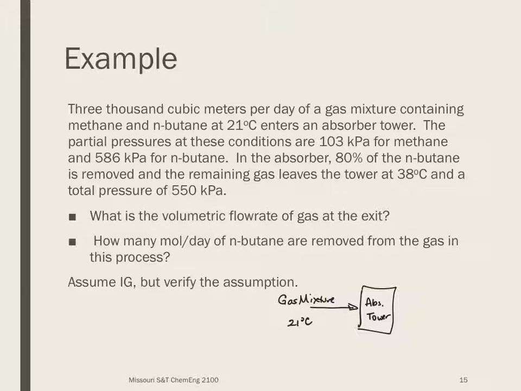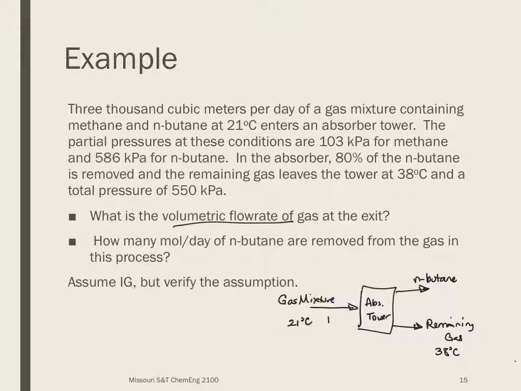There's going to be one stream that's just N-butane, and another stream that's the remaining gas, exiting at 38 degrees C. We want to know the volumetric flow rate of the remaining gas at the exit, and how much N-butane is removed here.